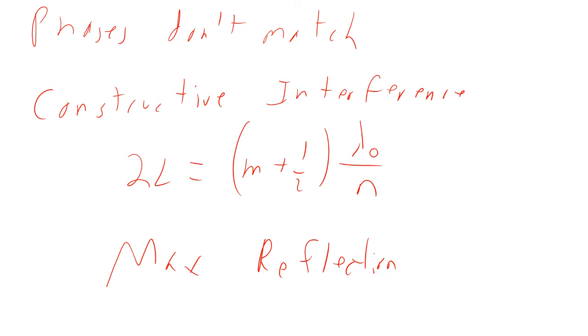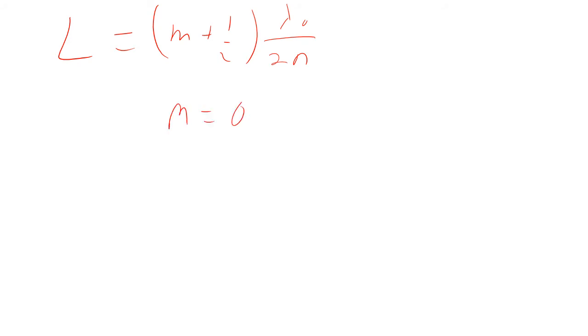Okay, so I want to know the range of thickness. So L is going to be (m plus 1/2) of lambda naught over 2n. The minimum thickness is going to be m equals 0. So L equals lambda naught over 4n.